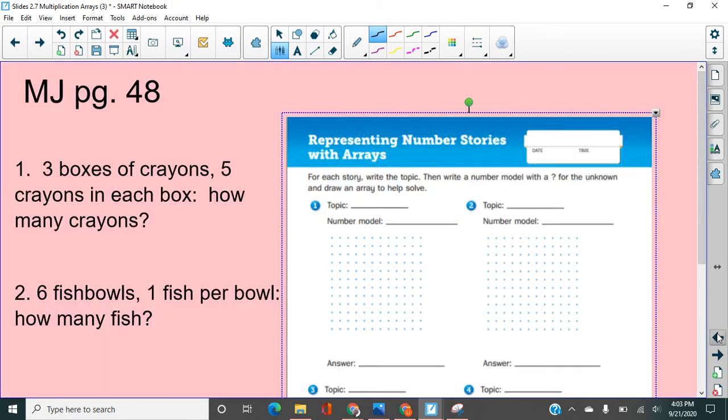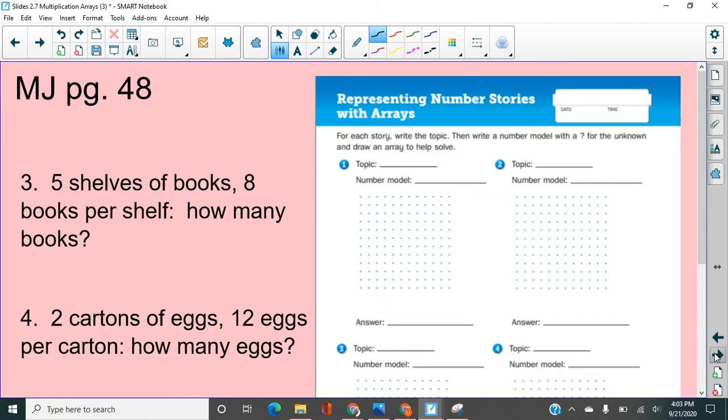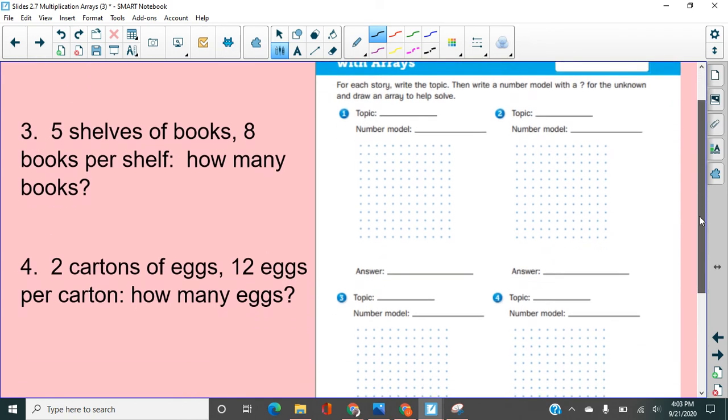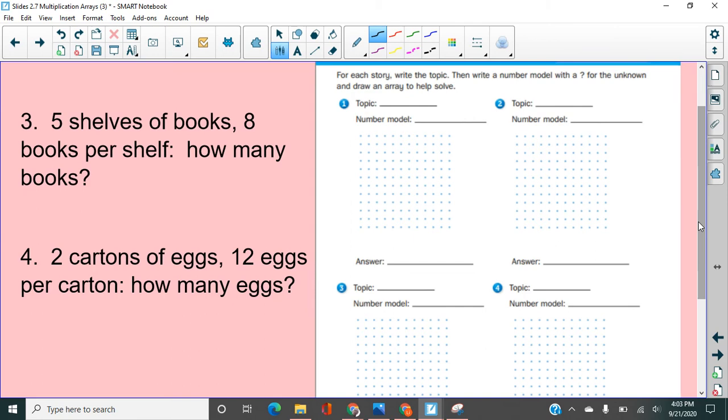All right. I'm going to leave the last 2 for you to do, but I'm going to show you what the stories are. So, 5 shelves of books with 8 books per shelf. So, this is going to be about books.